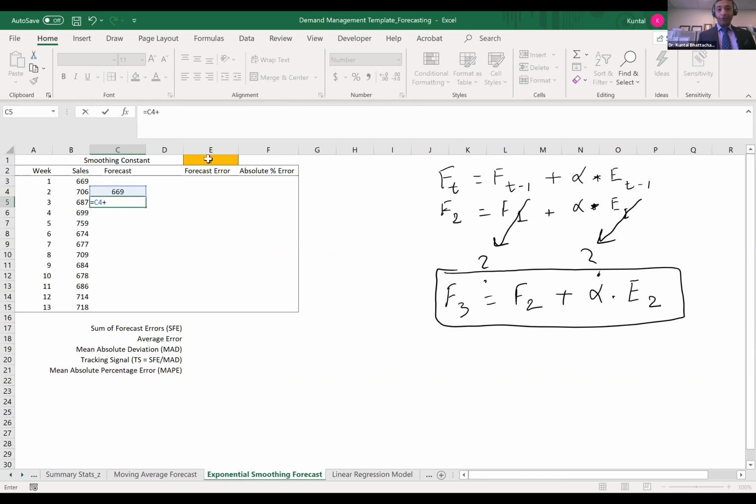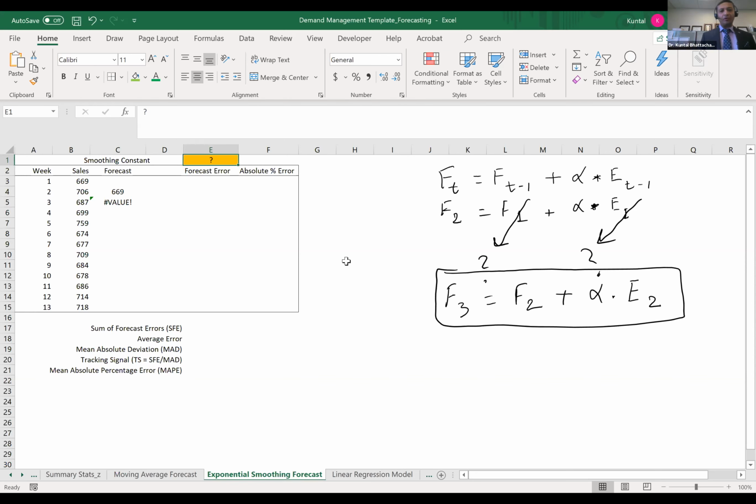I don't know what that value is, so I'm going to take that cell and put in a value there eventually, times the error from the previous period, which is your actual minus your forecast. And that gives you an output that Excel cannot determine because that cell has been given a question mark.